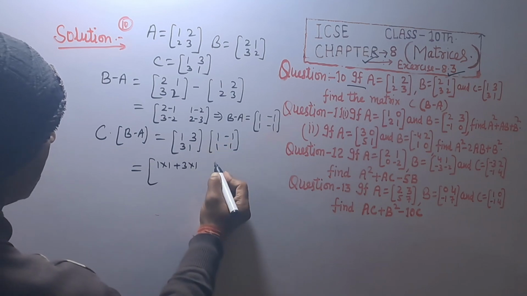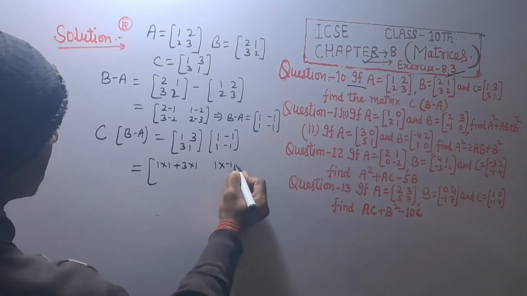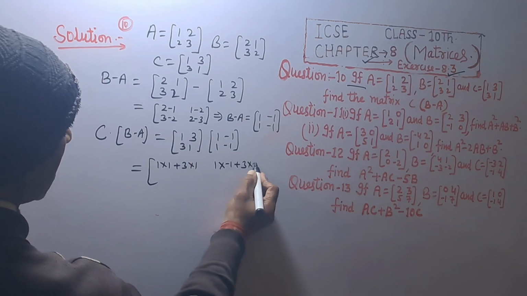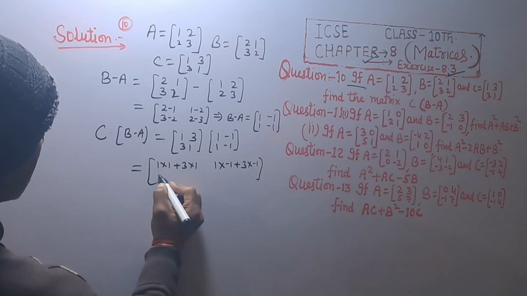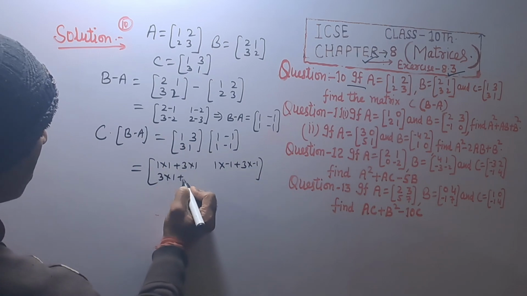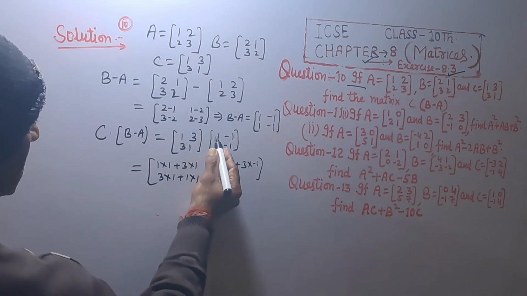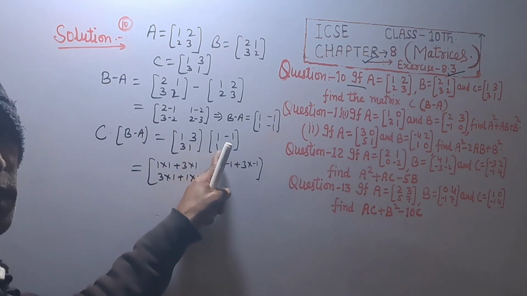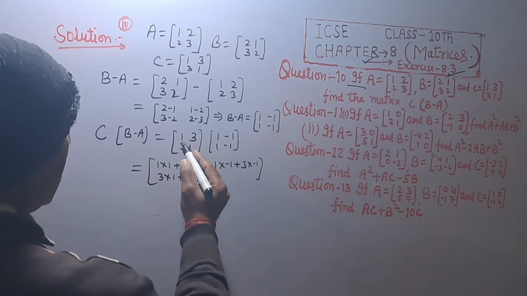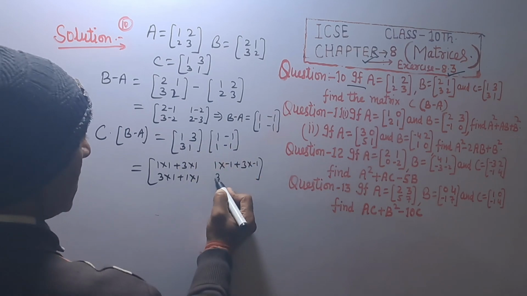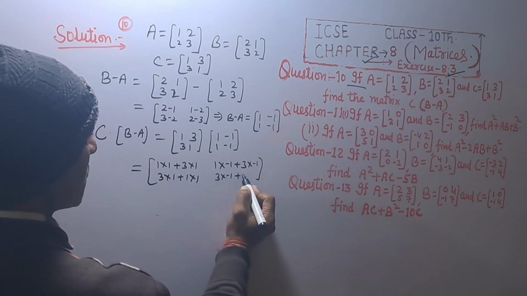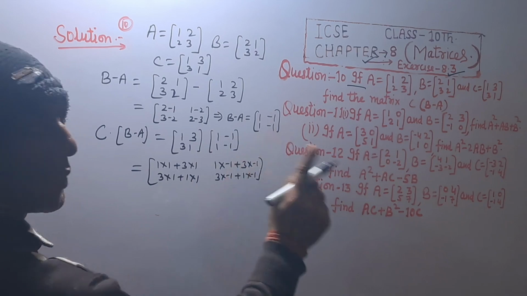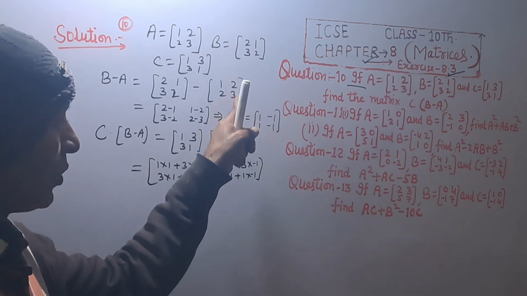First row, second column: 1 multiplied by minus 1 plus 3 multiplied by minus 1. 3 into 1 plus 1 into 1, 3 multiplied by 1 plus 1 multiplied by 1, and 3 multiplied by minus 1 plus 1 multiplied by minus 1. Second row, second column.